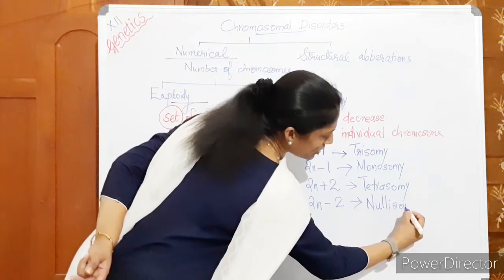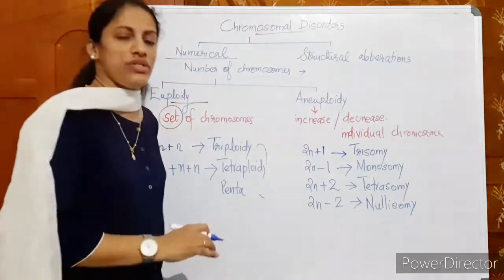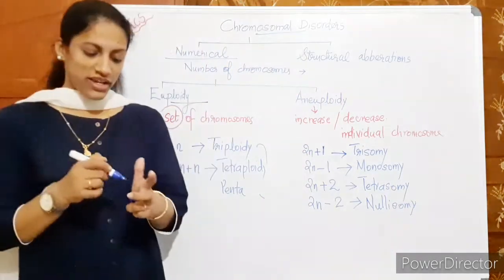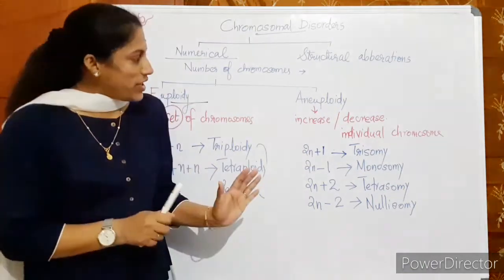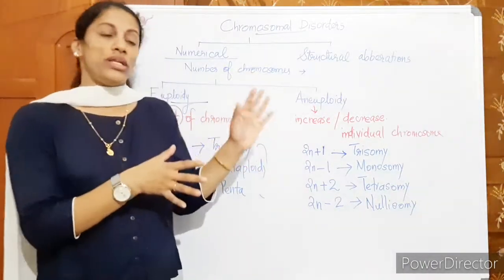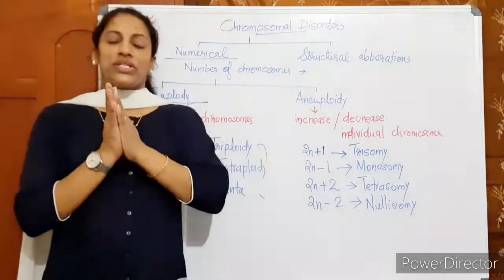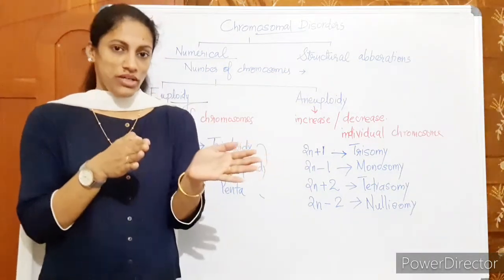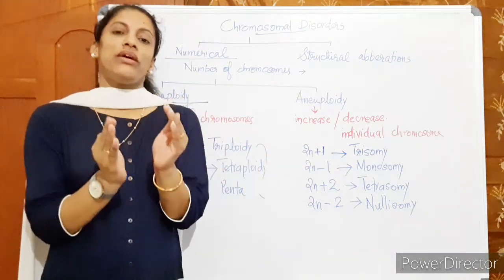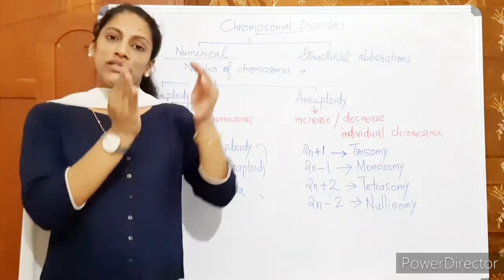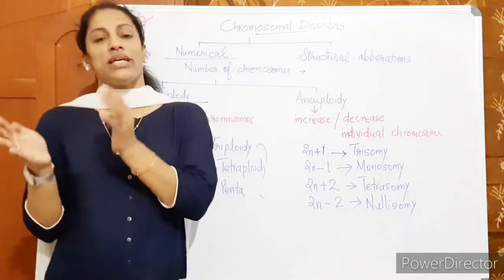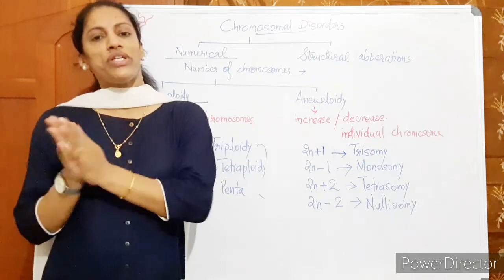We will discuss only the basics of this. Details you will study in higher classes. Anyway, this is about the classification of numerical aberrations. The number change can be either an increase as a set, or an increase or decrease as individual chromosomes.